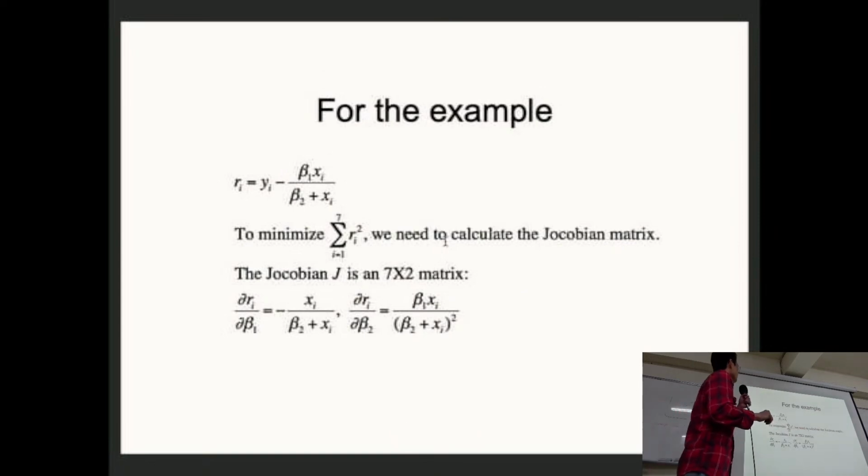So for the example, we have to minimize the sum of squares and then you can calculate your J. So dr_i/d beta 1 is like that, dr_i/d beta 2 is like that. It's not so difficult. You can just take the square of this and then do the calculation.